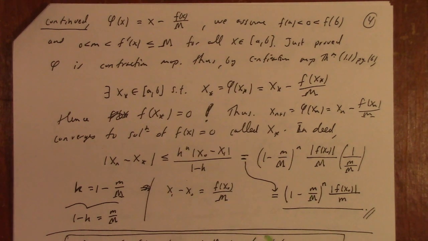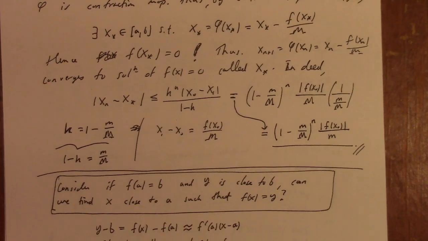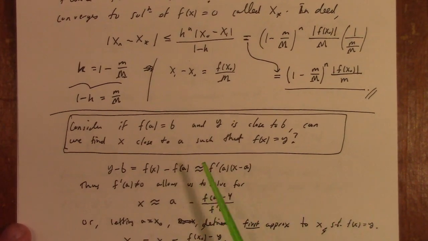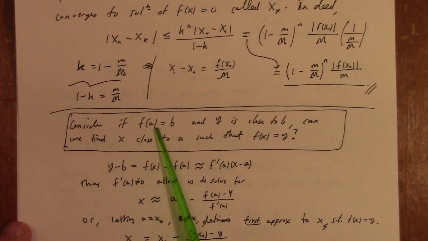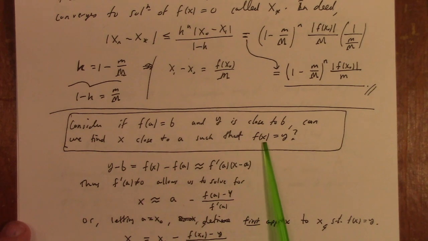The interesting thing is, you can twist this just a little bit, and you can prove the inverse function theorem. And so that's what I'm doing here. Like if you've got f of a equal to b and y is close to b, can you find x such that f of x is equal to y? So if you try to solve the linearization of that problem, that leads you to this when you solve for x.